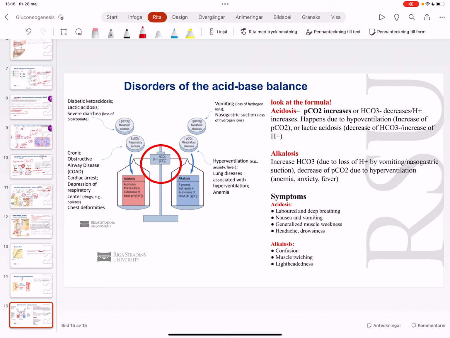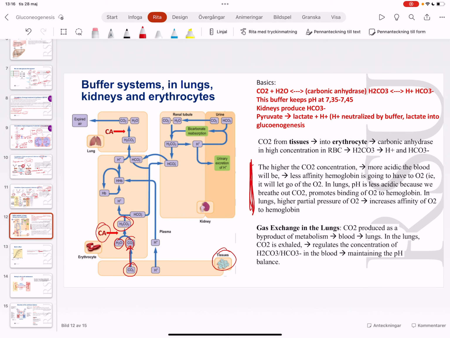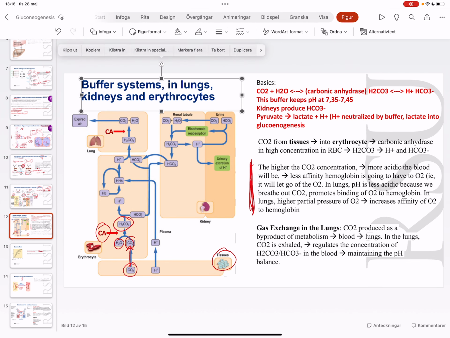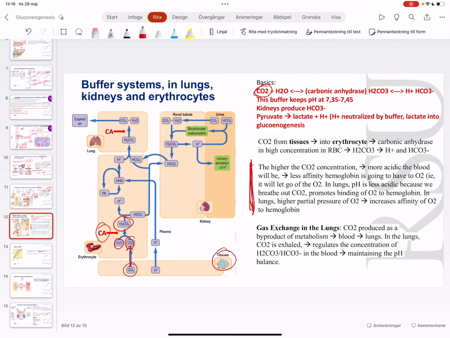This means that we have a high amount of carbon dioxide, because if we have high amounts of carbon dioxide, we will increase hydrogen concentration and pH will be more acidic.